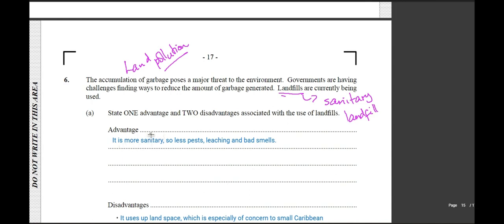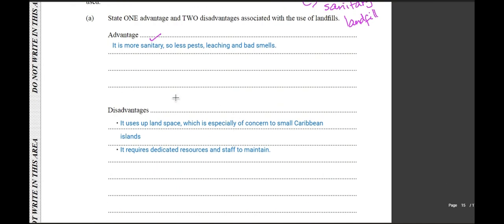So again, it's more sanitary, less pests, leaching, and bad smells as compared to a typical dump, right? And disadvantages, it takes up a lot of land space, which if you're in a small Caribbean island, that's a problem, right? You don't have a whole lot of land space to spare. So if it's using up a lot of land space, that's land space you can't use for anything else.